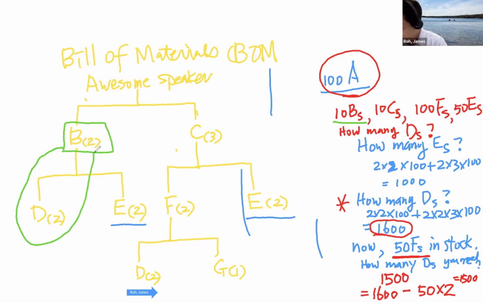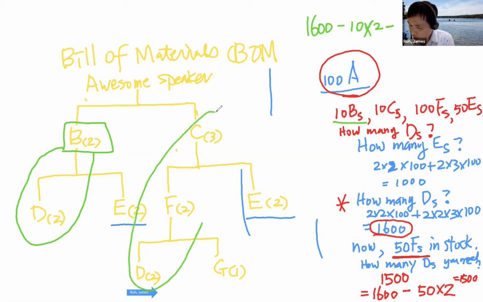So if you have everything now, we know that if we have nothing in stock, we need 1600 Ds, minus the 10 Bs we have in stock. We know that one B has two Ds, right? So 10 times 2, minus now the Cs.